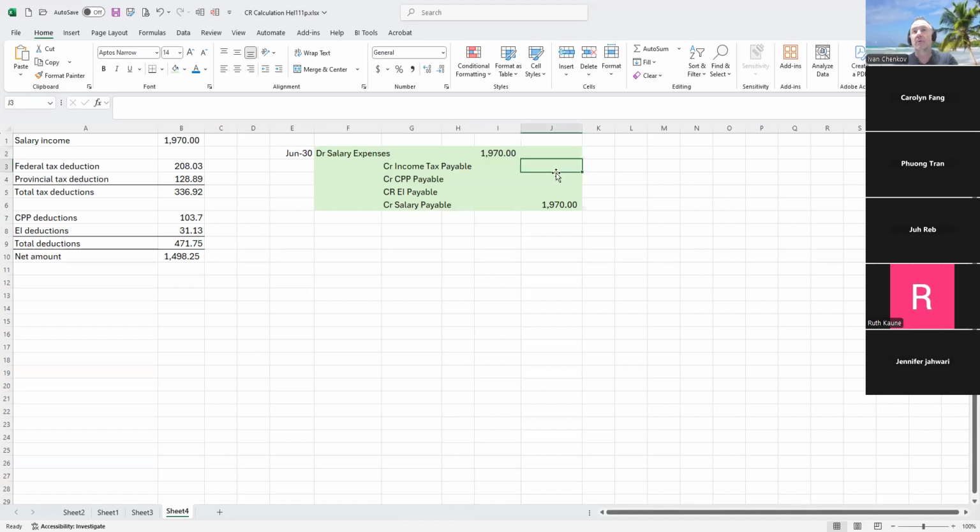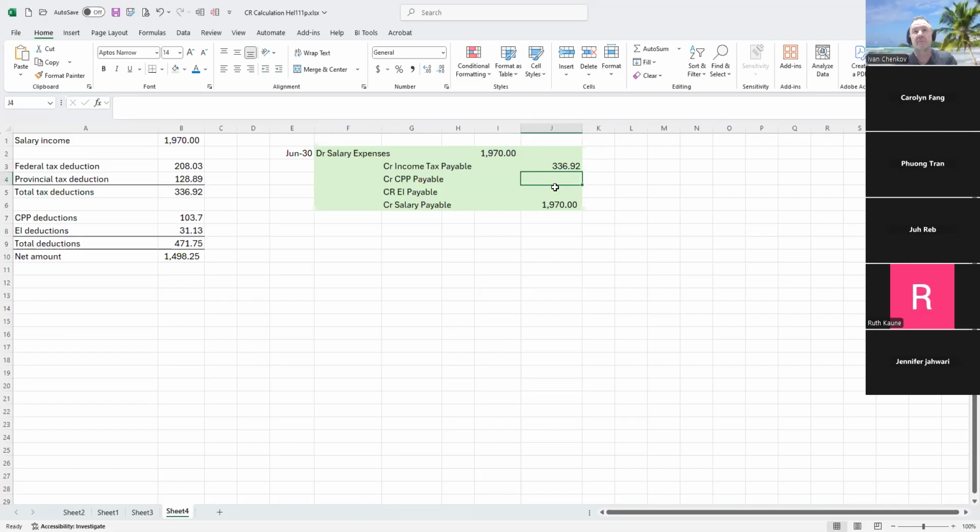So, first, take out from the money that you're planning to give to your employee the income taxes that they owe me. So, okay, I'm deducting now 336.92, which I'm not giving to the employee, I'm giving to the government.